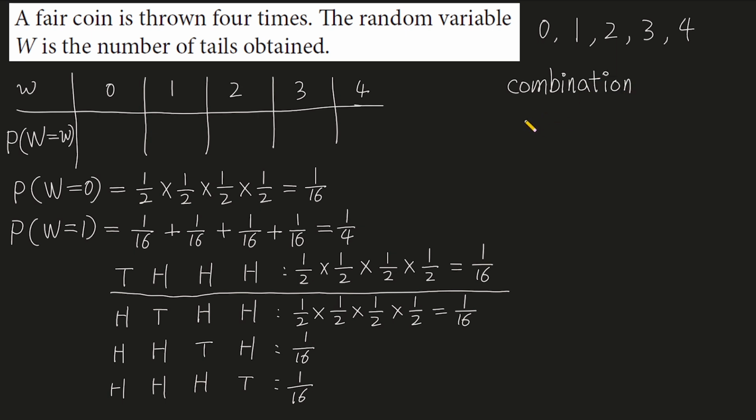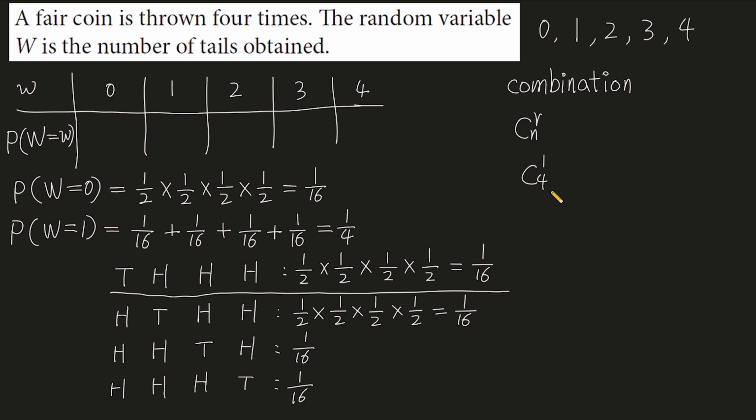We recall this C(n, r). This is the number of ways to choose r items from a total of n items. So there are C(4,1) ways to choose one term from four terms.